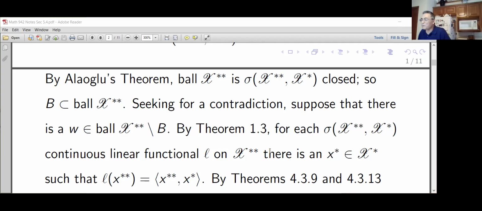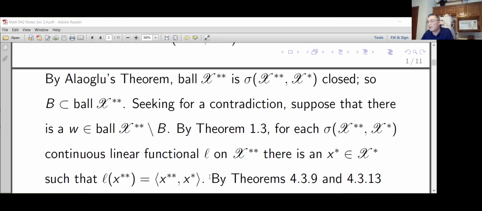Which means each continuous linear functional on X double star is given by a vector in X star. So this is theorem 1-3.